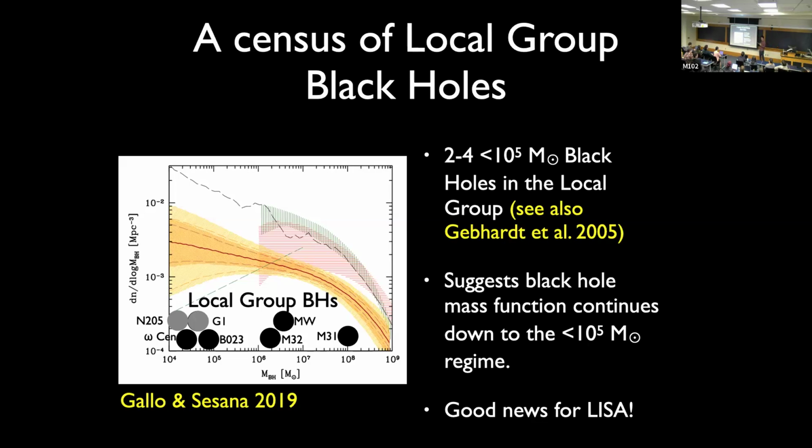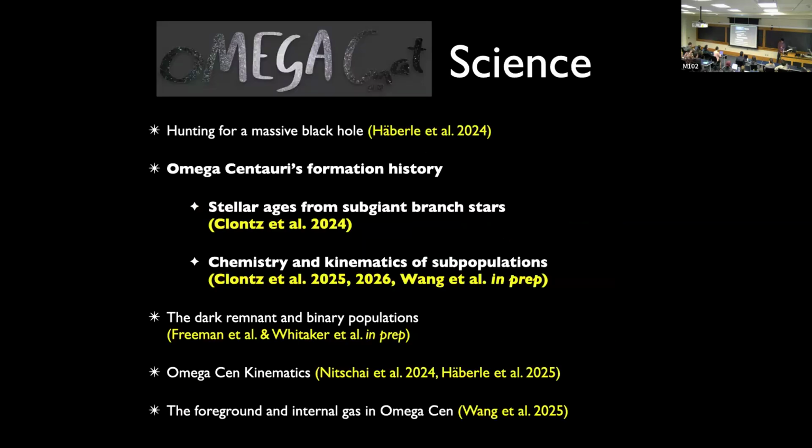This suggests that the black hole mass function, which is what this plot is showing, really does not truncate at low masses. It seems to at least go down to roughly 10^4 solar masses. And I think that's very good news for future gravitational wave detectors, which are going to be focusing on that kind of low mass IMBHs merging as a potential signal. Okay, so that's the end of that part of the talk.